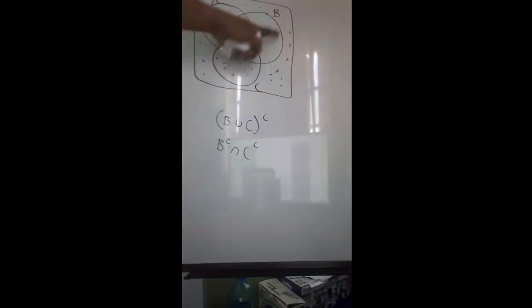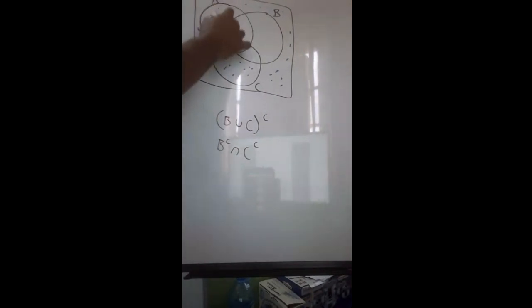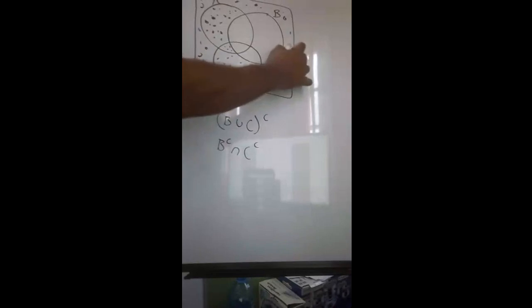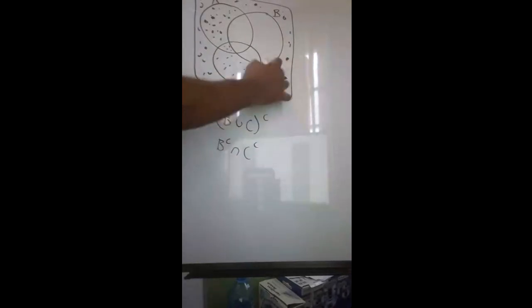So far there's nothing in B. Now C complement would be everything outside of C. So let's use little red dots, everything outside of C. I can barely see them, so let me use the black dots. I'll draw them differently so you can see the overlap. So everything outside of C, that's what I'm shading now.